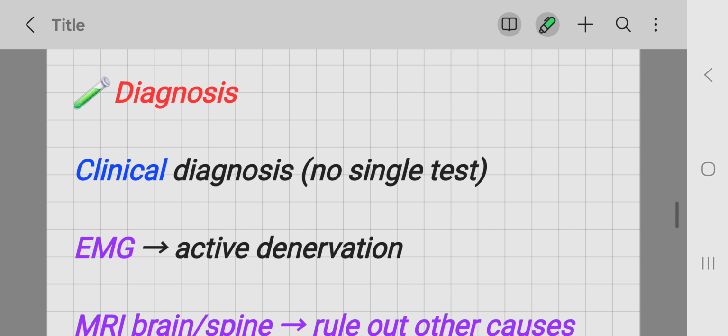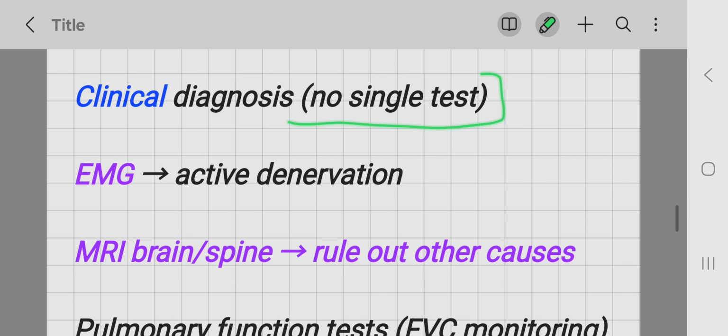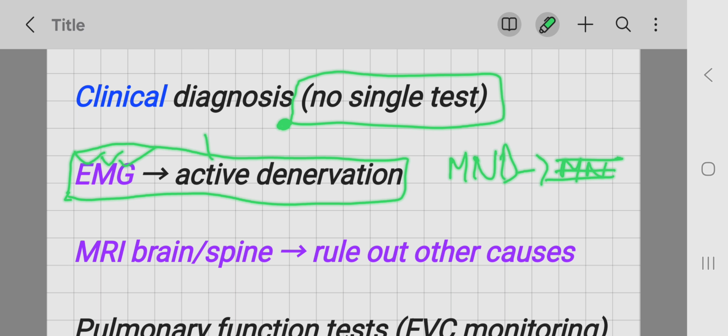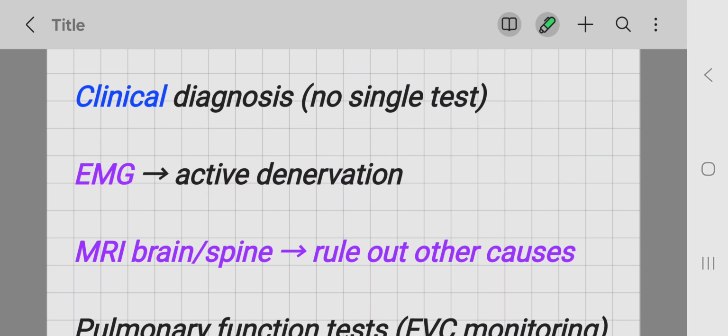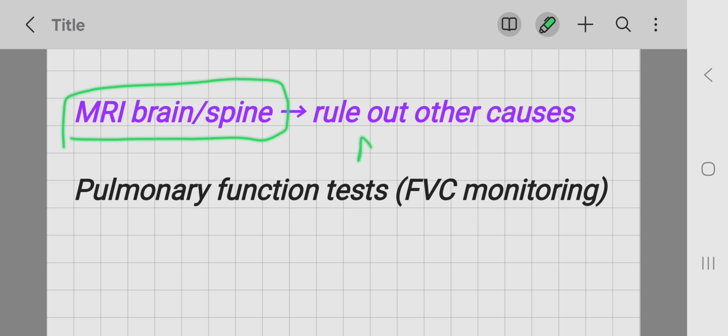Diagnosis. Clinical diagnosis. No single test can diagnose motor neuron disease. So it is mainly a clinical diagnosis. You can do EMG. EMG shows active denervation because in case of motor neuron disease, the motor neurons are degenerated and therefore there is active degeneration shown on electromyography, while MRI brain and spine should be done to rule out myelopathy, that is compression of the spinal cord.